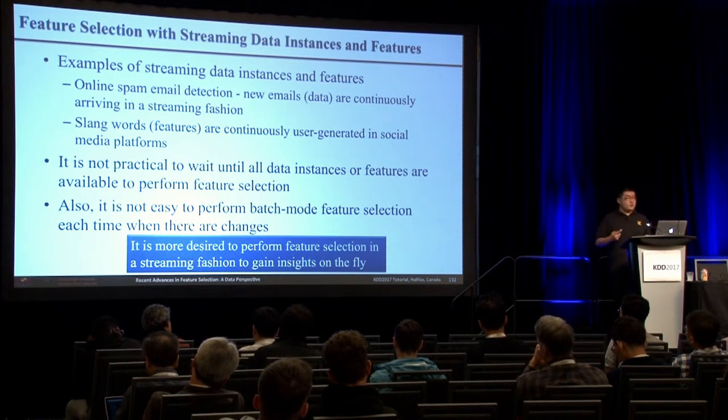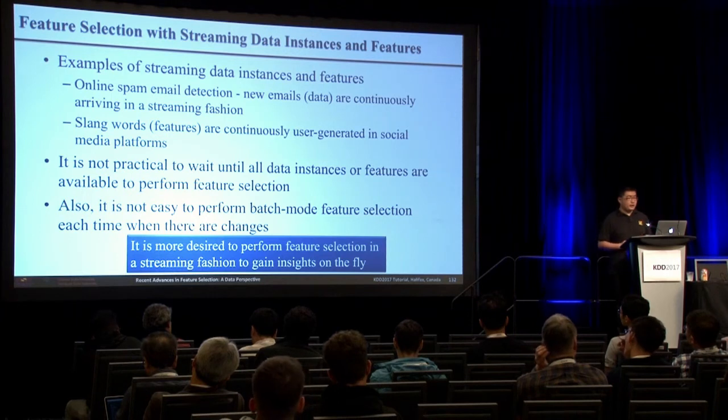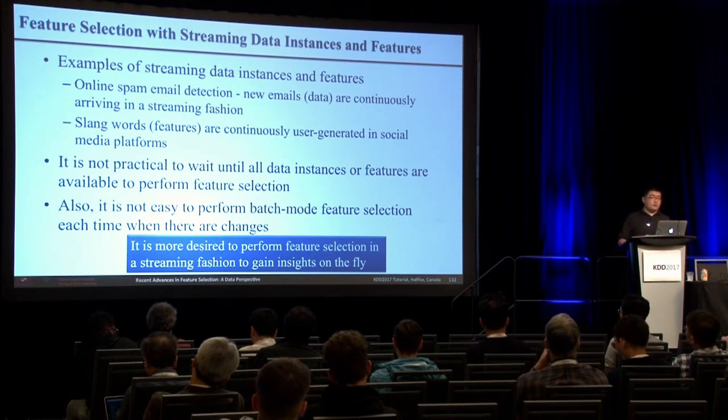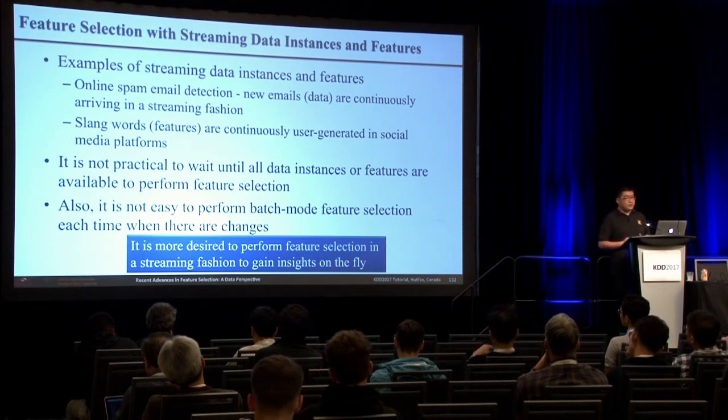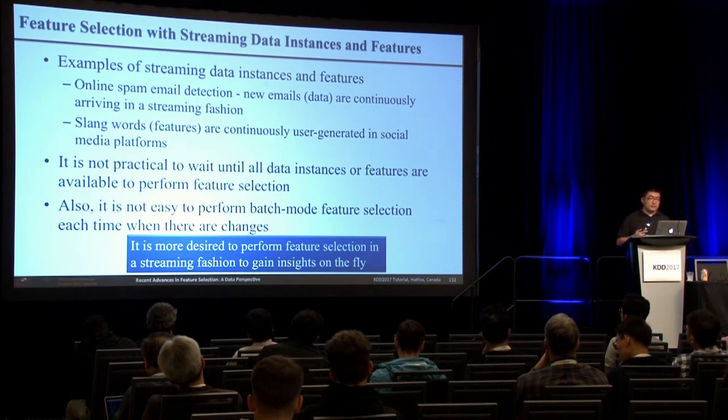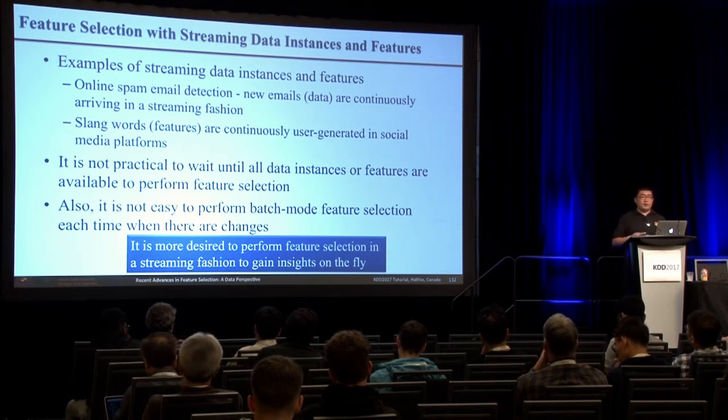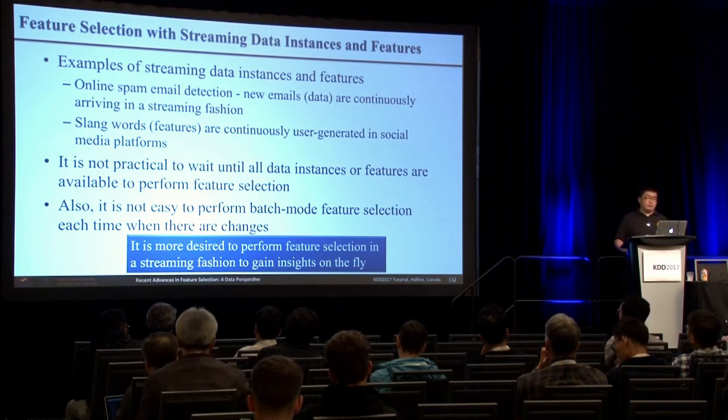For streaming features, a motivating example is that in many social media platforms millions of posts are user-generated every day, and therefore many new slang words are created every day. These slang words quickly grab user interest and become very popular within a very short period of time.